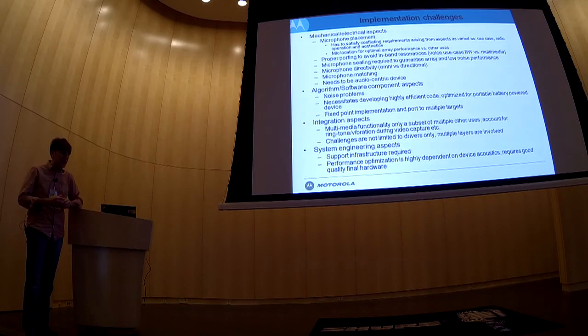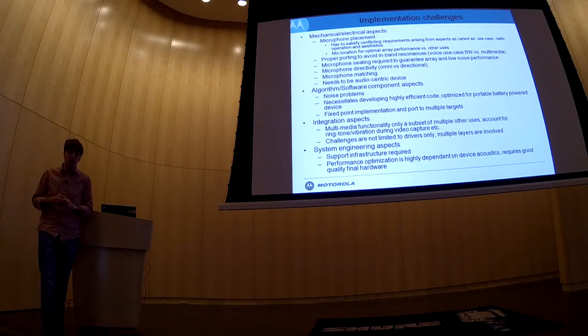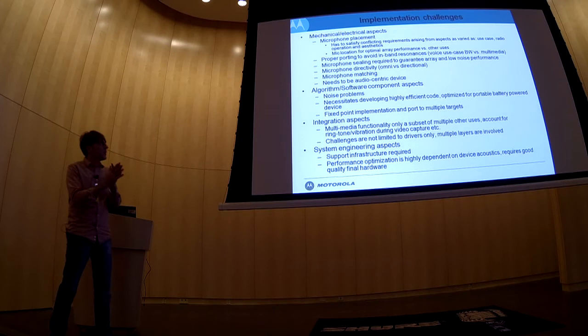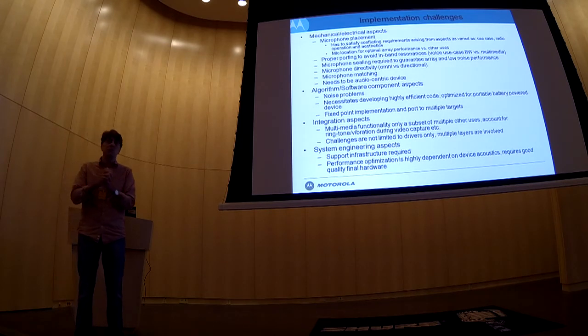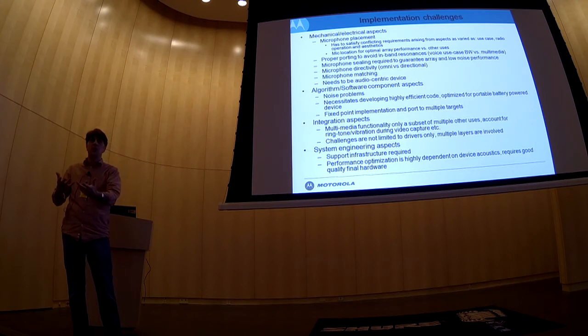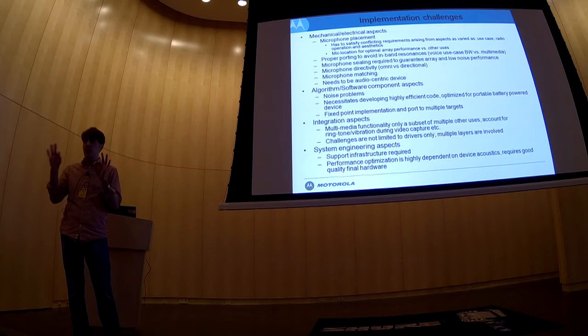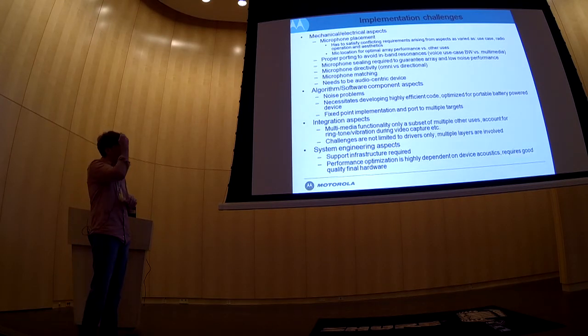Unfortunately, microphone placement is one of these things that has to satisfy requirements that are so diverse and so difficult to satisfy all at the same time. What are they? Well, use case. Whether you use the device in handset mode or in speakerphone mode, that places some implicit requirements on where these microphones need to be.